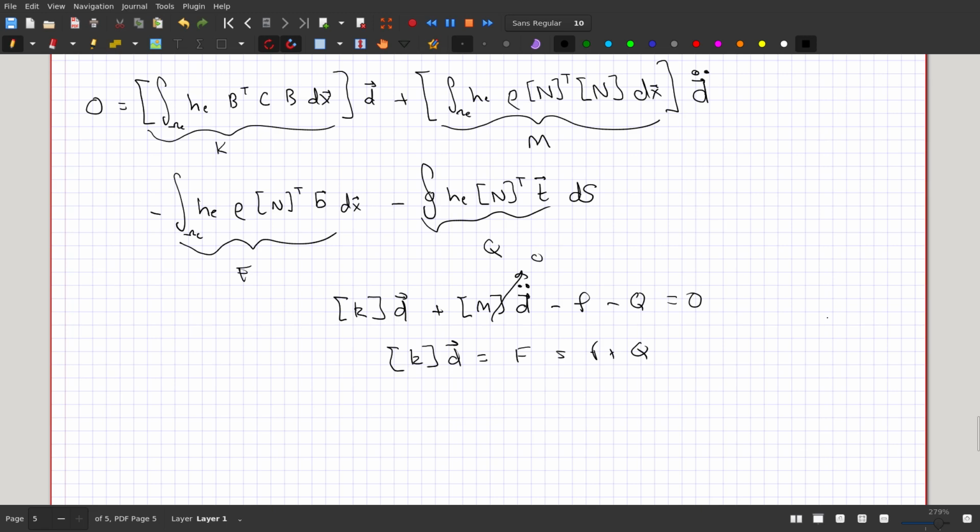So in the end, it's just the same kind of linear system that we have to solve. If we want to solve the dynamic problem, then we have to do something about this. We have to discretize this in time in some way. At this point we have ODEs, a matrix system of ODEs, so then we can use an ODE time integrator.